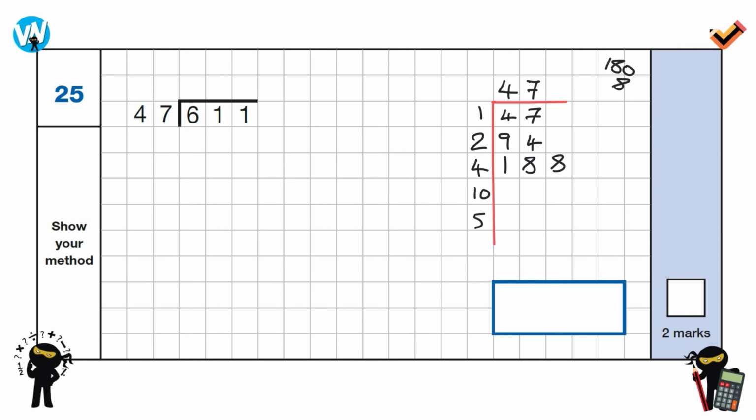47 times 10 is 470. And then half of that, we've got half of 40, which is 20, half of 70, which is 35. So we've got 235. Now, again, if you don't know the 5 lots because you're not great at halving, that's fine. Just leave it and we can work with 1, 2, 4, and 10.